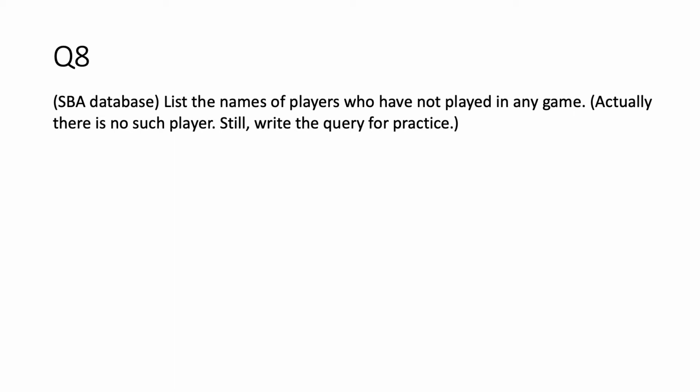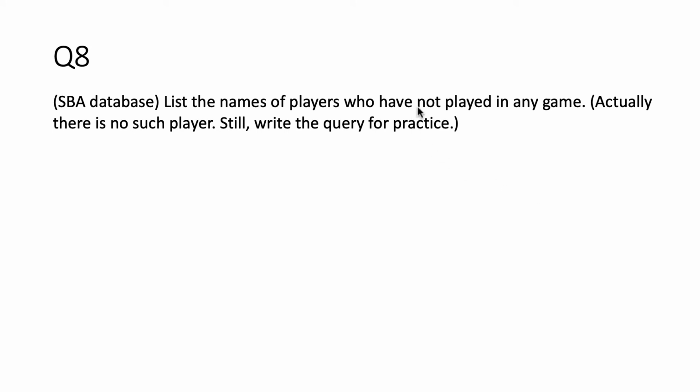We want the names of players who have not played in any game. Of course, the players are connected to games through participations, because you've got games and then a table called participations to indicate which player IDs have played in which games. But we want the player names. So obviously three tables are going to be involved: players, participations, and games.